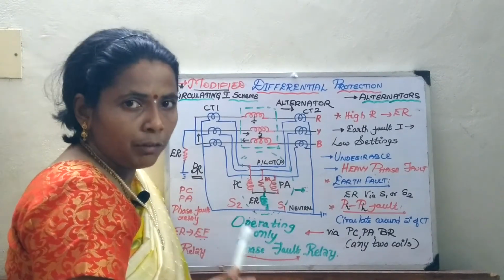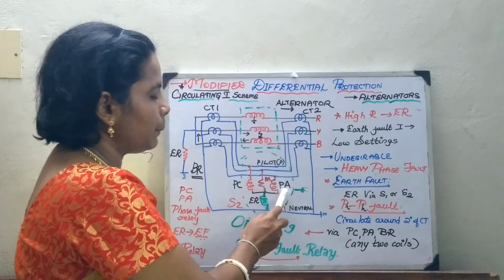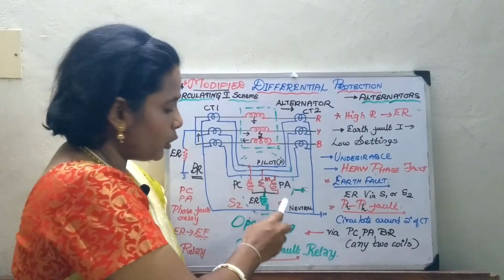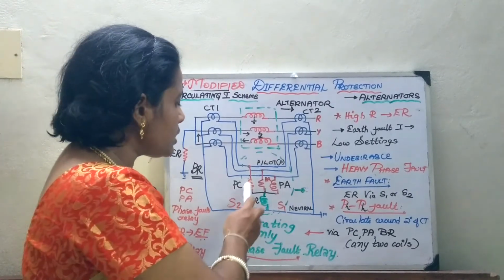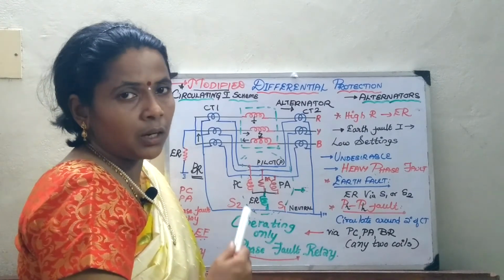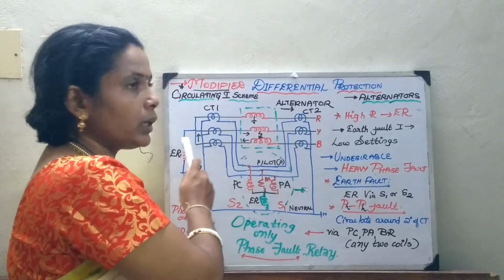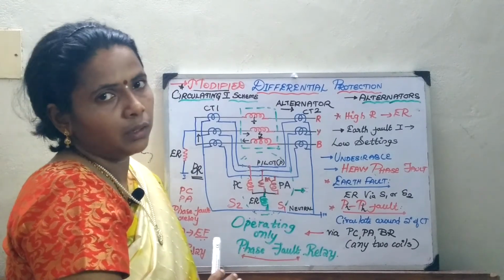So, if a phase fault occurs, only the phase fault relays PC, BR and PA will operate, without passing through the earth fault relay. If an earth fault occurs, only the earth relay is going to operate. This distinction means that even if you have a low current setting, it is not going to affect the operation of the relay.